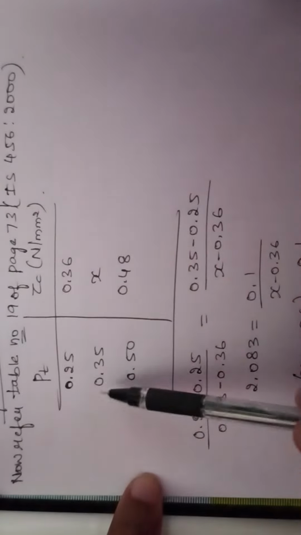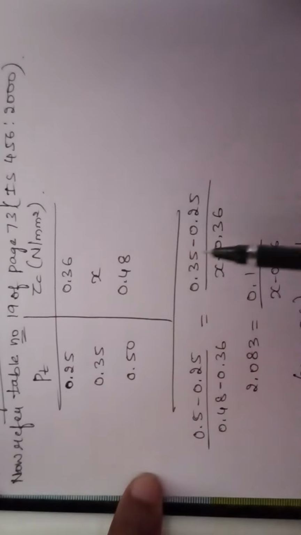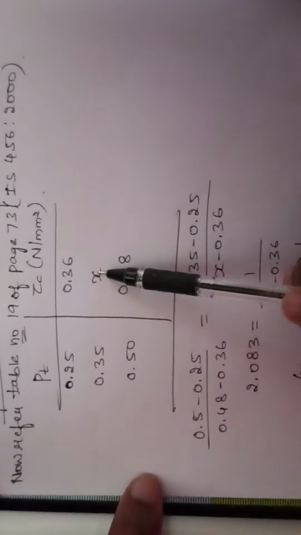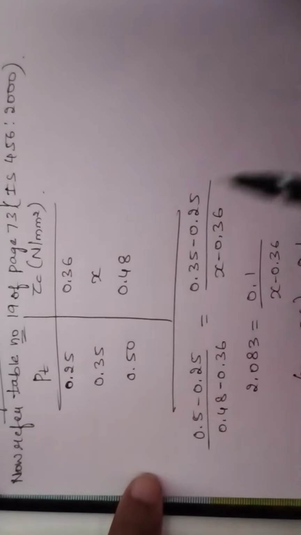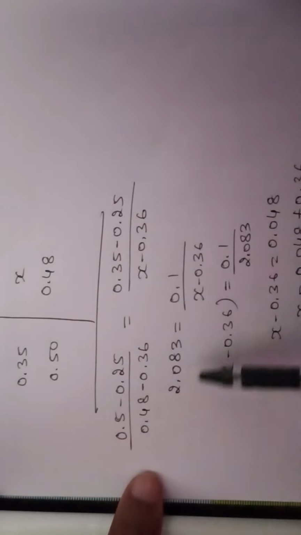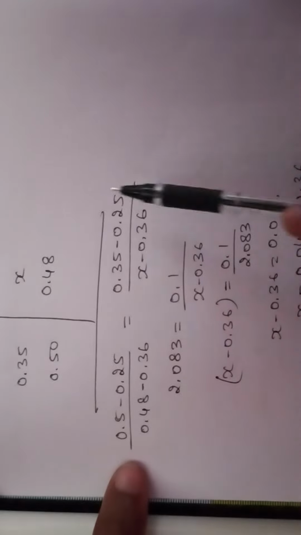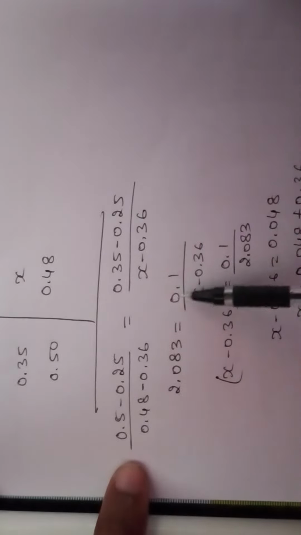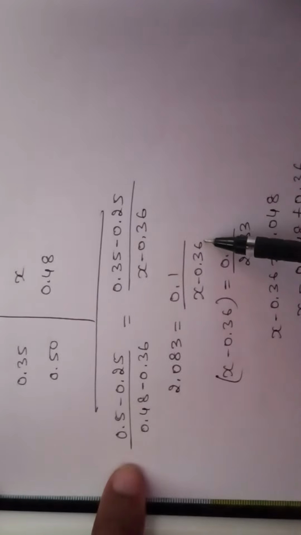That is equal to the second highest PT minus the least PT, divided by the second highest tau C minus the least tau C. Then we go on simplifying it. I have simplified the whole LHS term and got 2.083 on the LHS side. If I simplify the numerator, I get 0.18, divided by X minus 0.36.